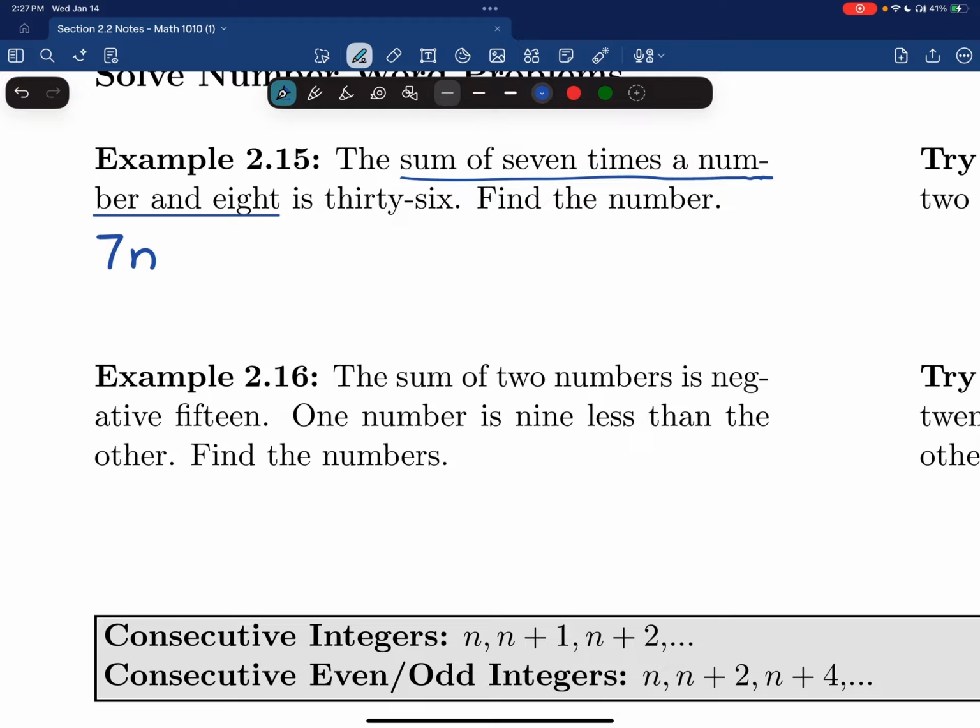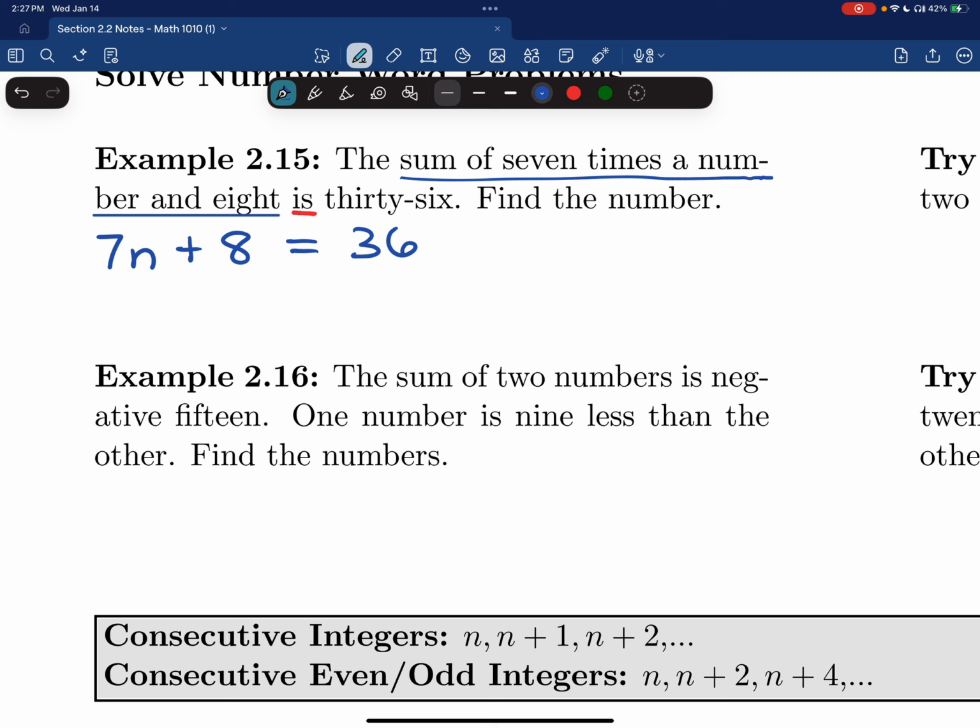We could call it x, we could call it whatever we want to. In this case, I'll call it n. So 7 times n is summed with 8. And now I'm told that it's equal to 36. Is the same thing as equals. So I'm going to write equals 36. All right, so I have translated this whole statement into an algebra equation.